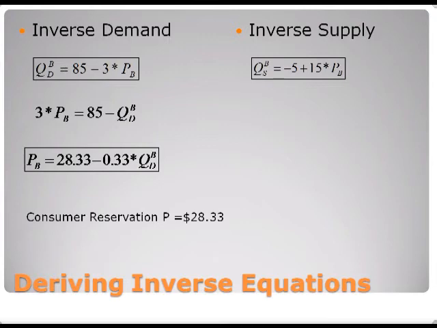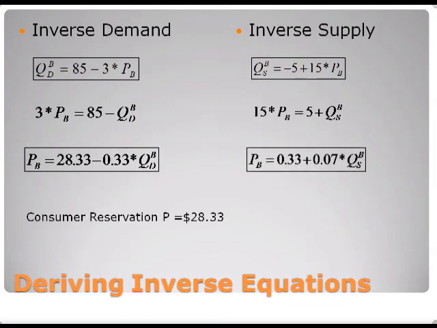If we repeat the process, we have the following relationship. After dividing through by 15, we obtain the following inverse supply equation. As with the demand equation, the y-intercept of the inverse supply equation has an important economic interpretation. The 0.33 represents the reservation price of the producer.